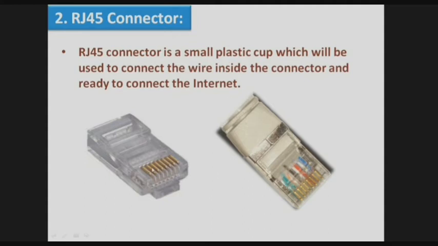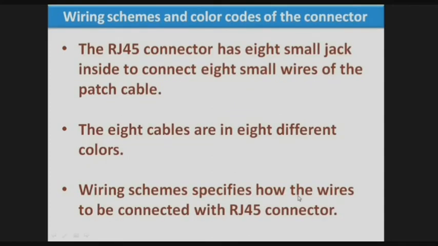So from this picture you can easily see the 8 jacks inside the RJ45 connector. The thing that is very important is that the exact wire is inserted into the exact jack. For that, some wiring schemes and color codes of the connectors are maintained.